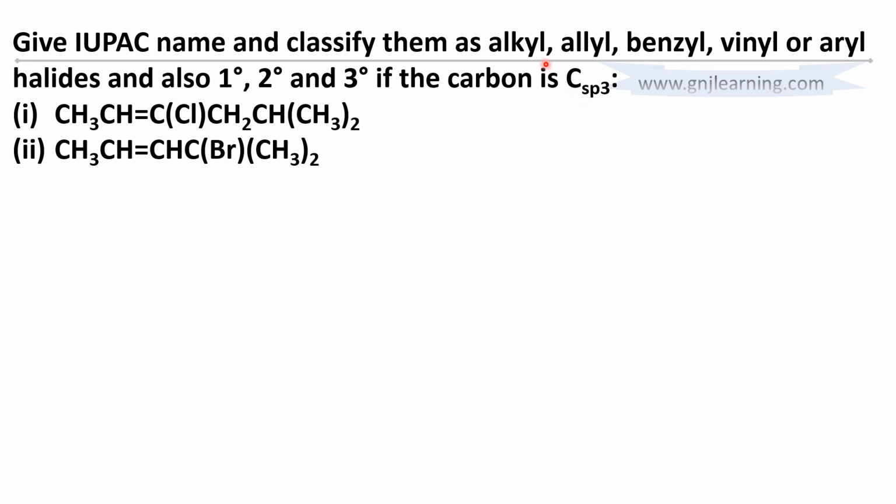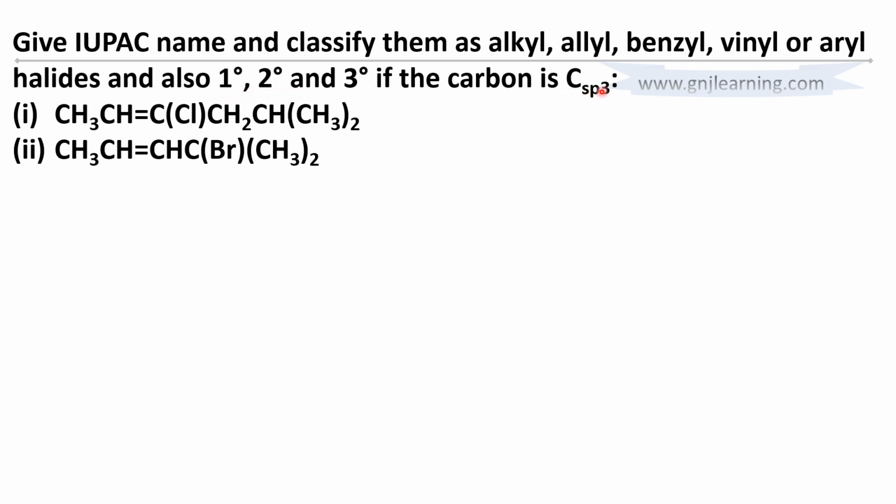So I have to find out whether the haloalkane is alkyl, allyl, benzyl, vinyl or aryl halide. We have seen these halides in the classification part, I think it was part 2. And also after finding this out, I have to see whether it is primary, secondary or tertiary if the carbon is sp3.